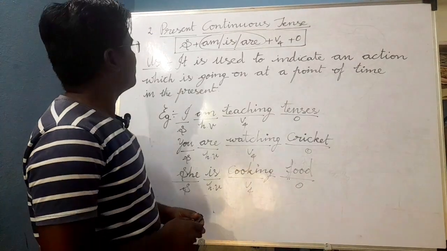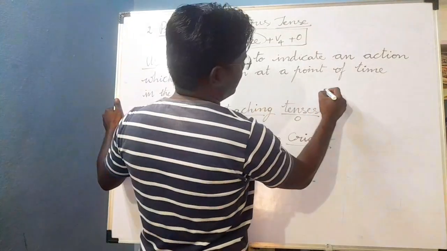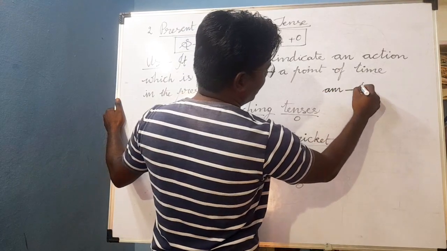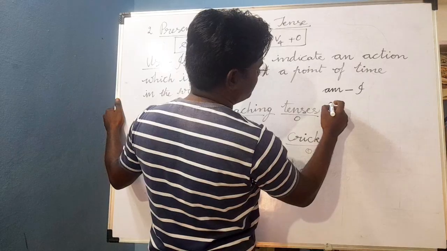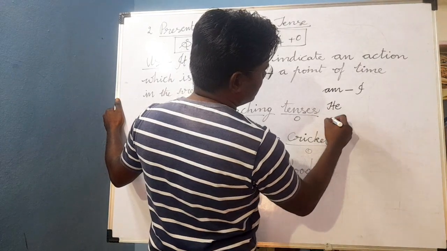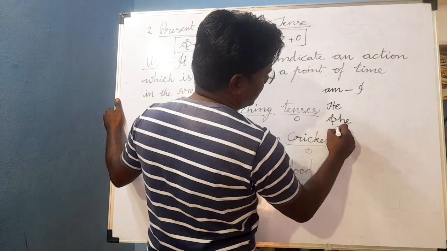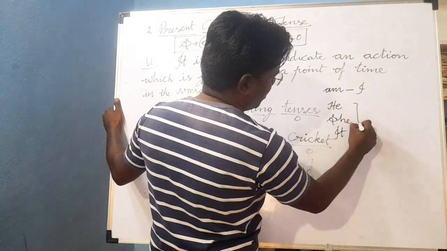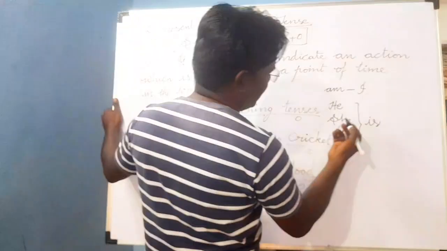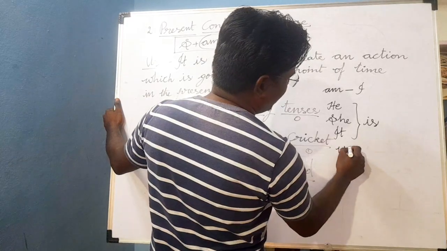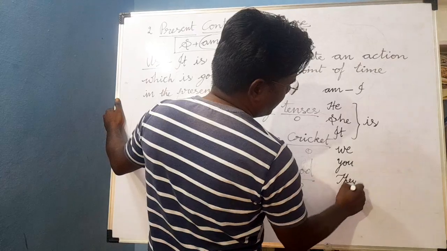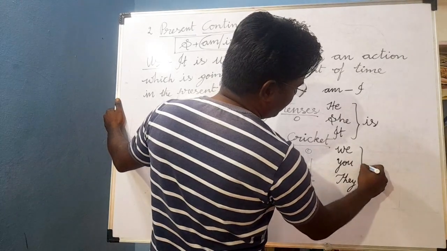Yeah, remember here, so am is followed by I, and he, she, it followed by is, and then we, you, they followed by are.